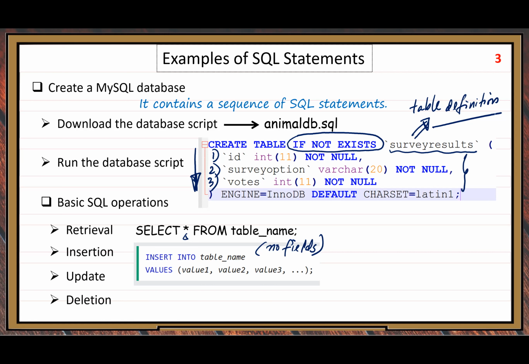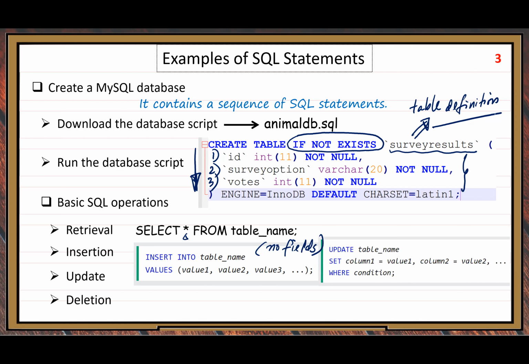But if you want to insert your data in a different order or for a different number of fields, you need to write your field names one by one. Later we will go there. At this time, it is our first view of this insertion statement. Later, we will discuss a lot of details for other variations.